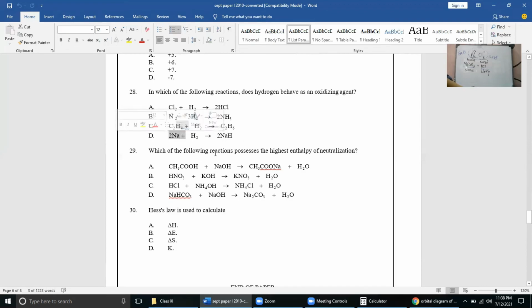Over here a metal hydride is forming. Hydrogen oxidation state is changing from 0 to -1. In the case of metal hydrides, the oxidation state of hydrogen is -1, not +1. So this process is reduction. Here hydrogen is acting as an oxidizing agent. So this will be the correct answer.